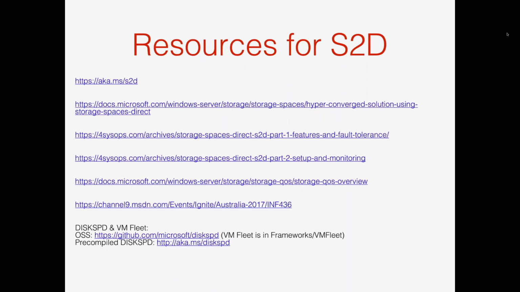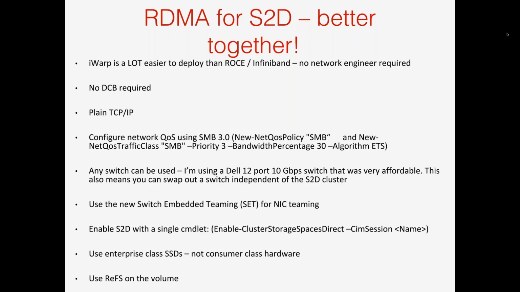No, we do not require DCB for iWARP. I'm not sure exactly which slide we're looking at for QoS. It might have been that. I believe it's this one that's up there right now. Okay. Yeah, the New-NetQosPolicy and New-NetQosTrafficClass.